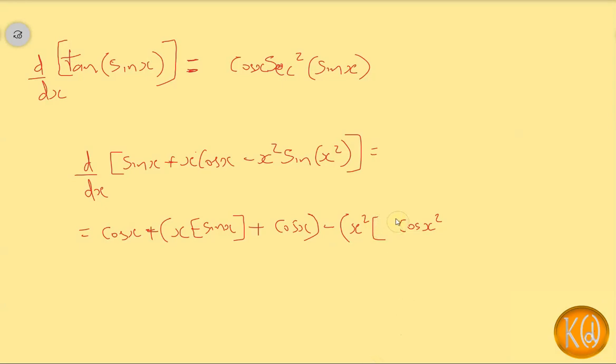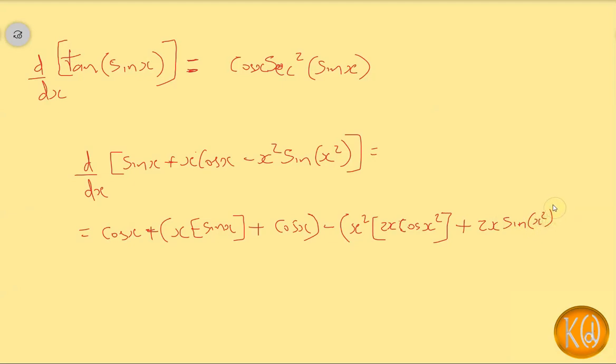Okay, so that's 2x cos x squared. Now we have our plus the second times the derivative of the first. Now the derivative of x squared, that's just 2x, and the second is sine of x squared, so that's x squared in the brackets.